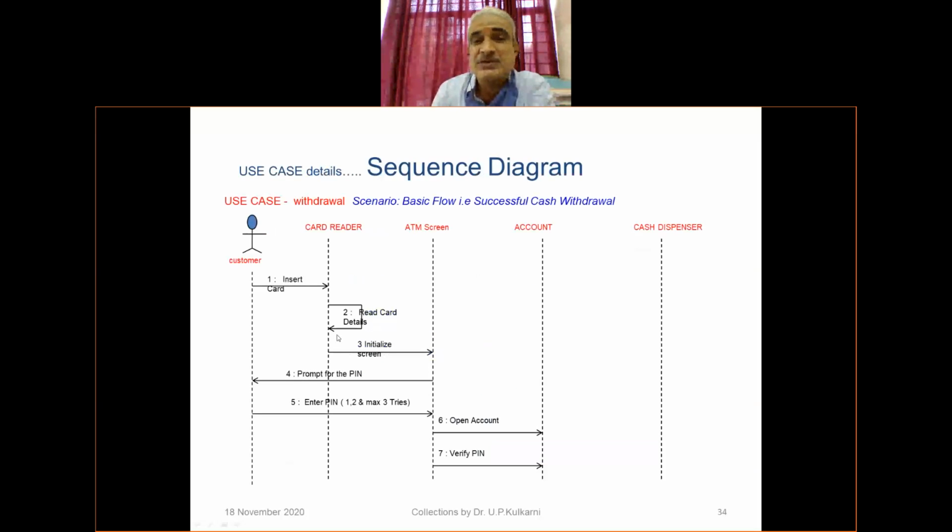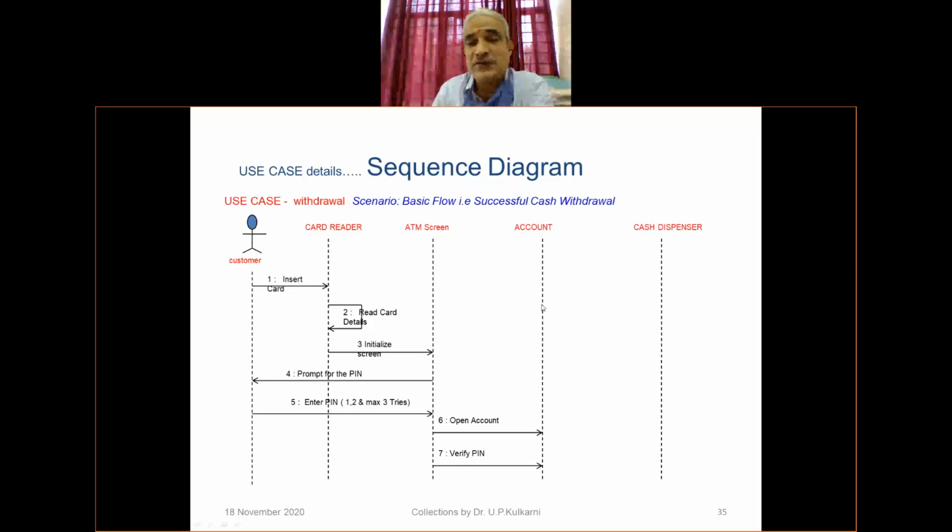For a given use case, you'll be writing a sequence diagram. The focus of the sequence diagram is to understand a given scenario in terms of the different objects that participate in it and how they interact with each other.